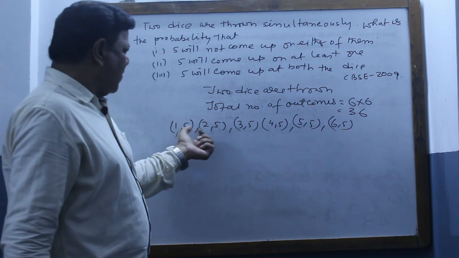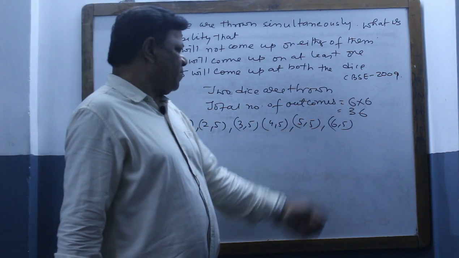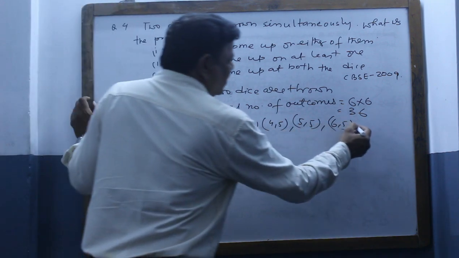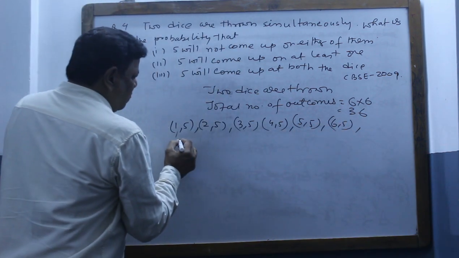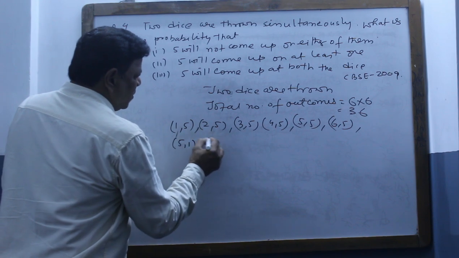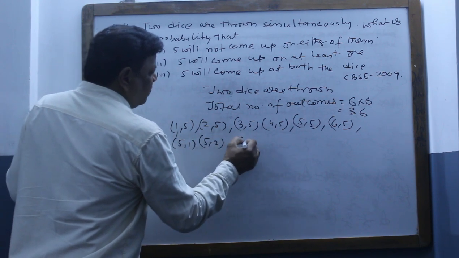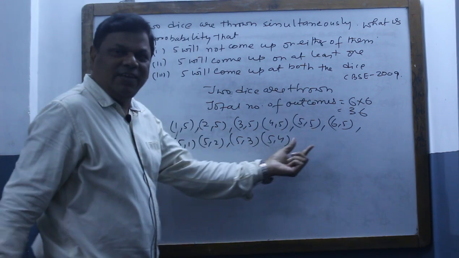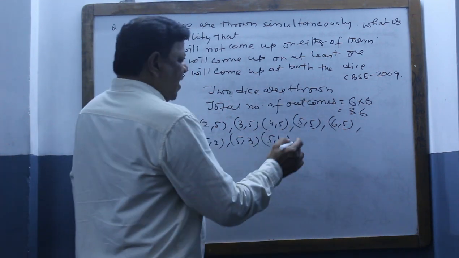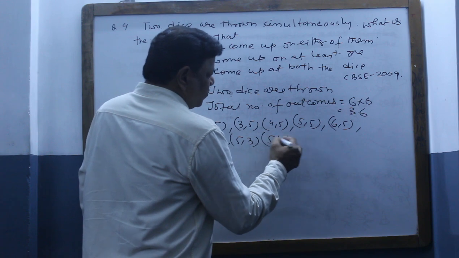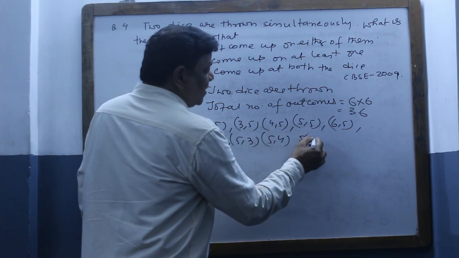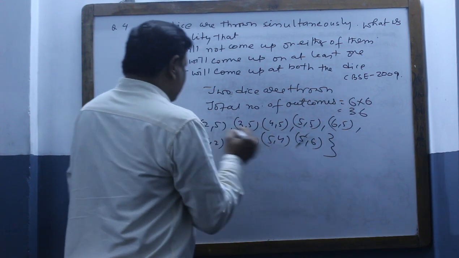This side started 1,5; 2,5; 3,5; 4,5; 5,5 and 6,5. And on that side I can say 5,1; 5,2; 5,3; 5,4; 5,5 is given, I will not write again. And right here 5,6. All these numbers are there.